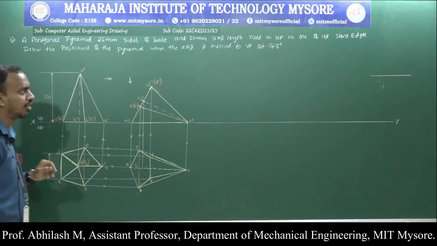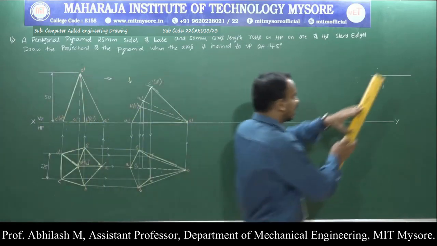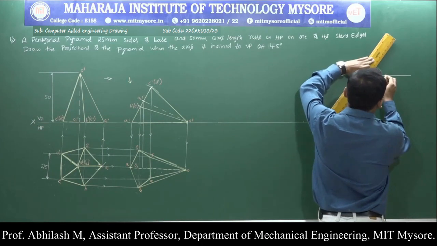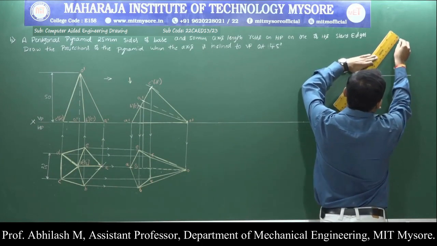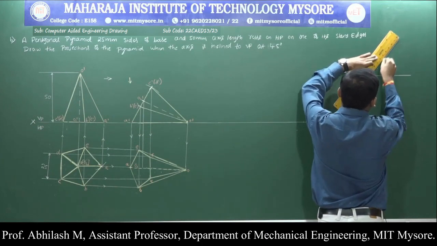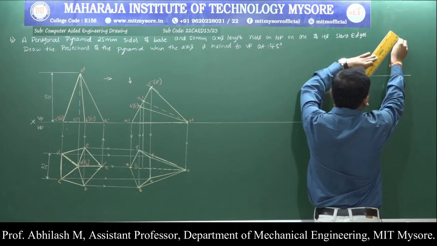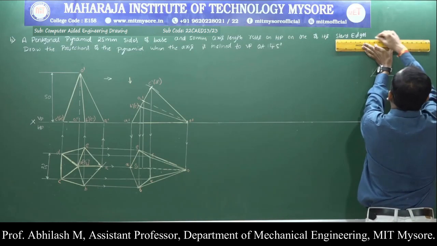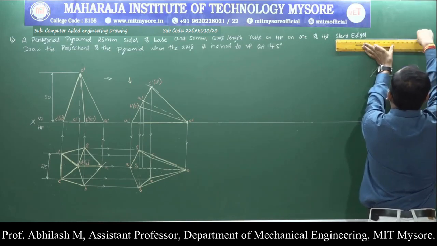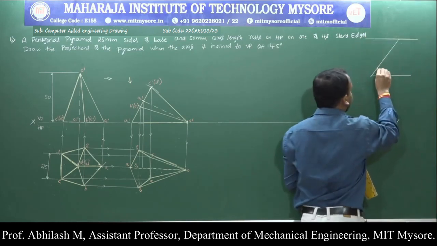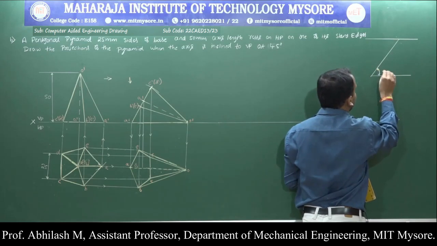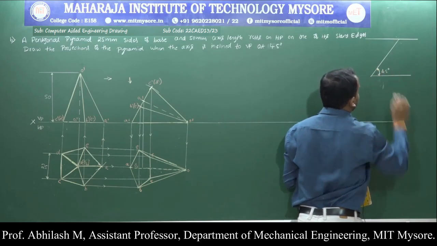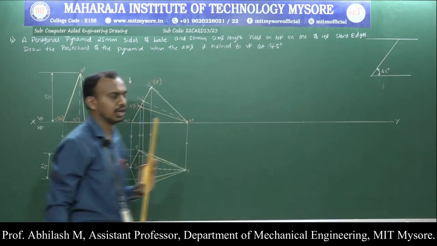How much is it? 50 millimeter, such that we are going to obtain a locus point again. Now this is the new locus that we have obtained. This angle is 45 degrees.